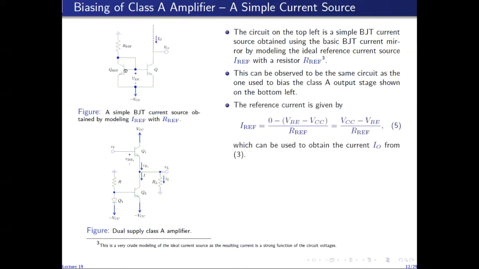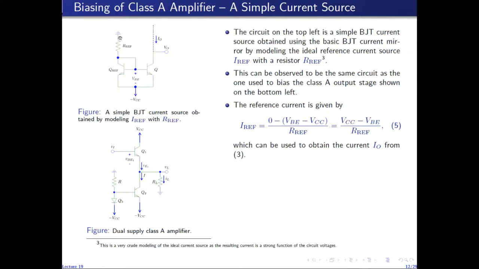The reference current we can find, because I is set up by this current source, so I is actually equal to I naught, and I naught is given by IREF. It is given in terms of the current in the reference branch. So we need to find the current in the reference branch when we have implemented the ideal current source with this resistor RF. We can find that current very easily. Assuming that the current flows in this direction, and it does because QREF cannot conduct in the opposite direction, the current flows downwards through RF, and it is given by the voltage drop across RF divided by RF.